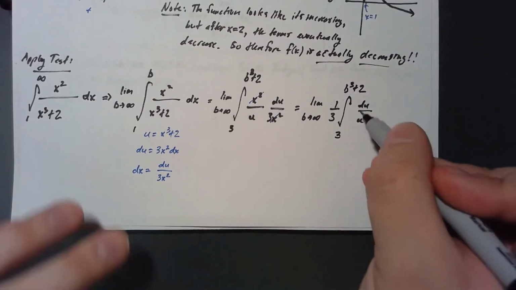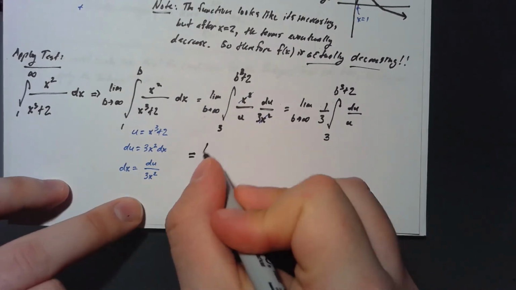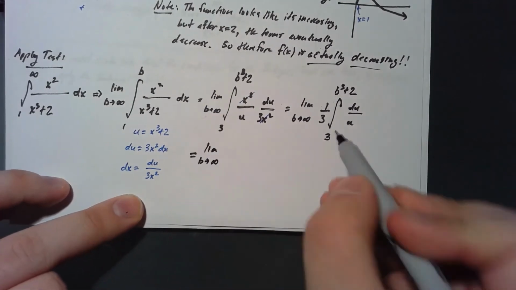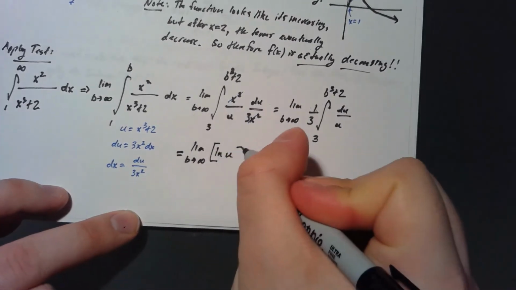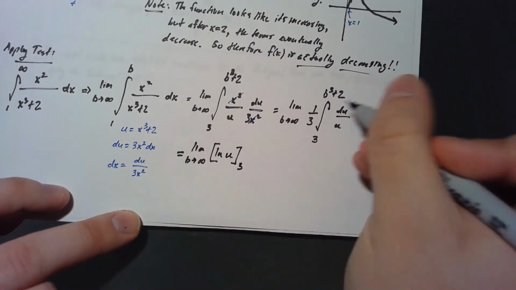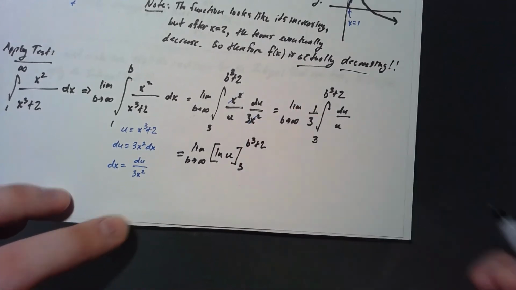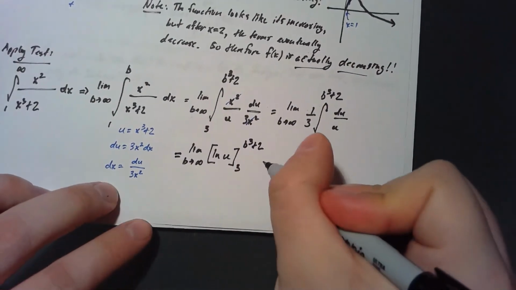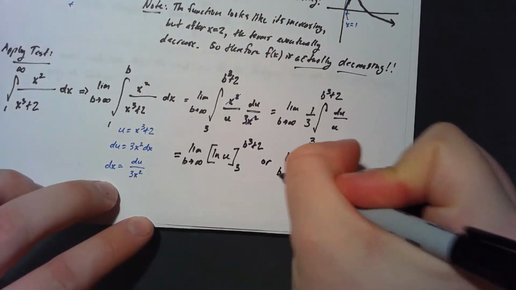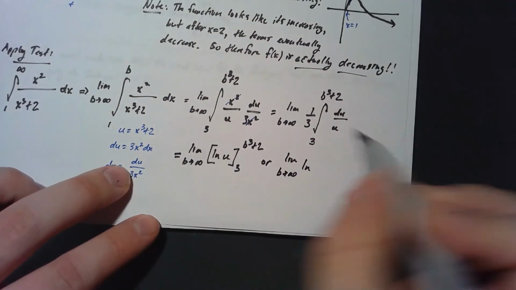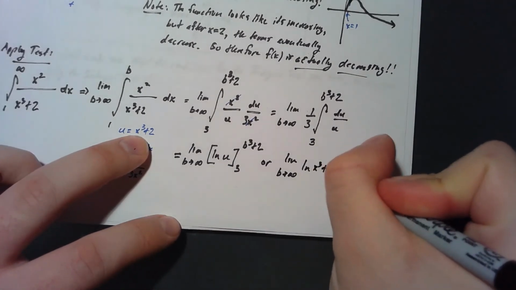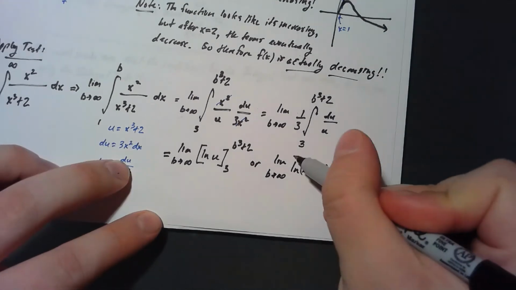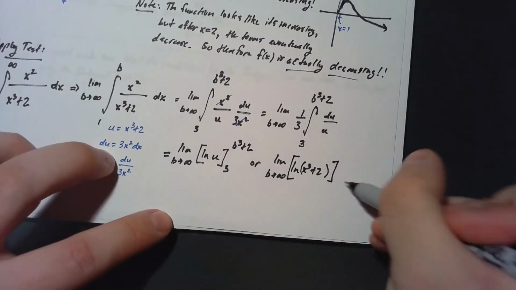Okay, so when you integrate this, you're going to get the ln of u from 3 to b cubed plus 2. Or you could just write it as ln of x cubed plus 2, from 1 to b.